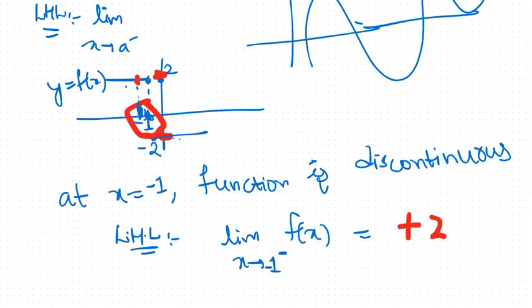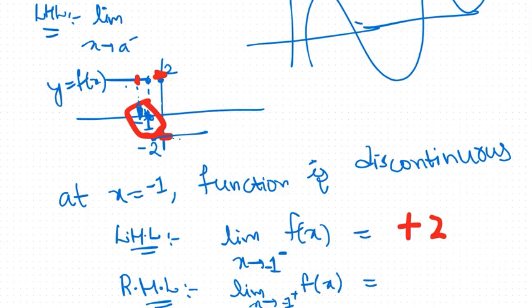But what is happening at -1, this time RHL? What is the graph value, the approximate value of y? It is minus 2 here.